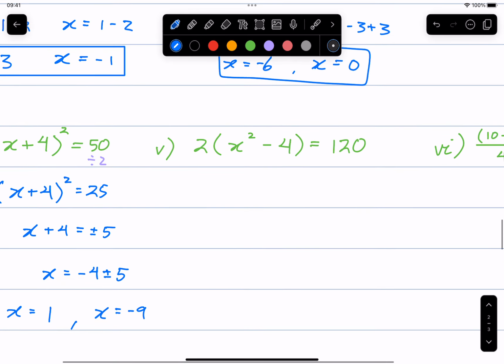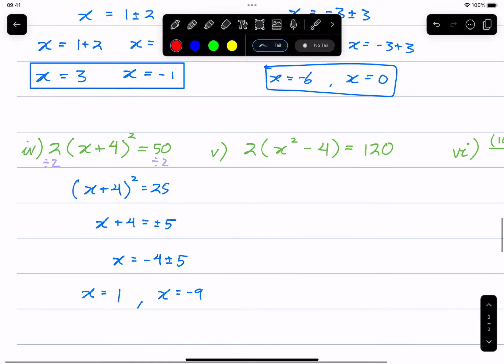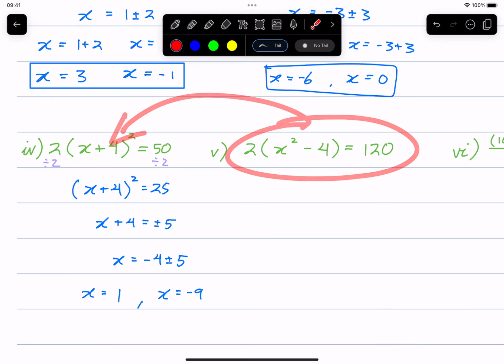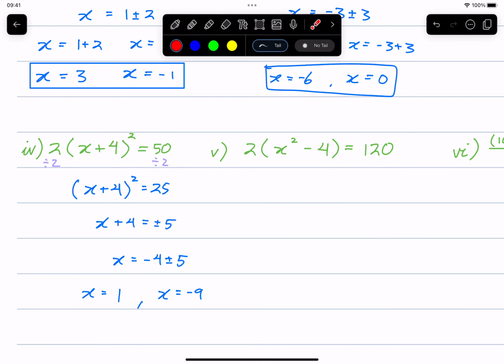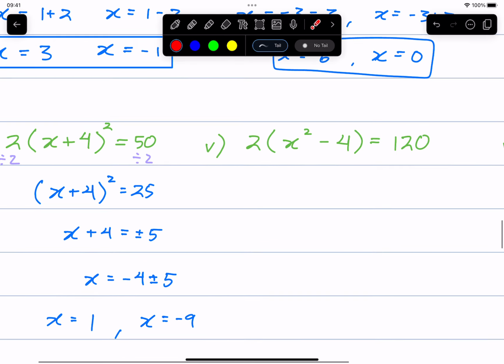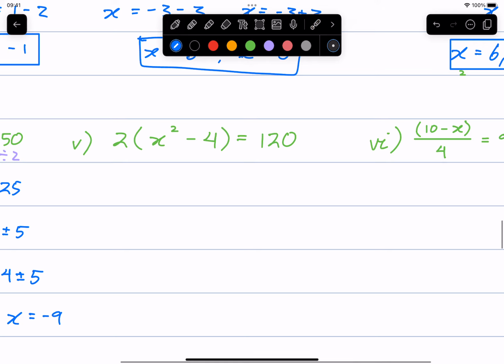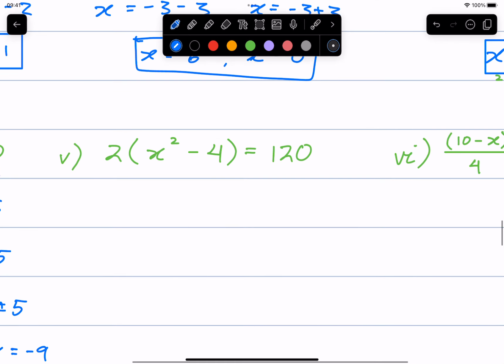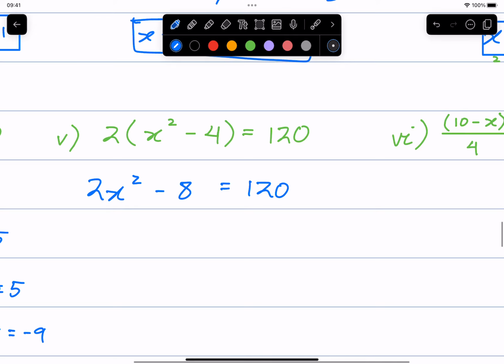All right, let's keep moving forward here. Now, notice this question, I've deliberately made it look very similar, but I hope you can see a slight difference here. For this, we would actually have to expand first, or we could just divide by 2 straight away. For this, let's just stick to what we normally see. We would expand this. We would add 8.